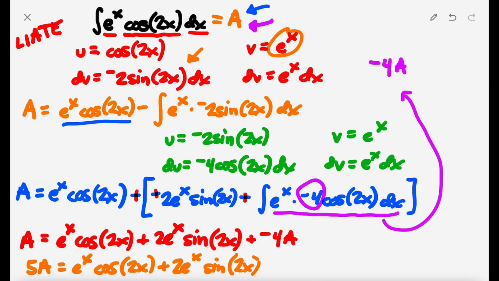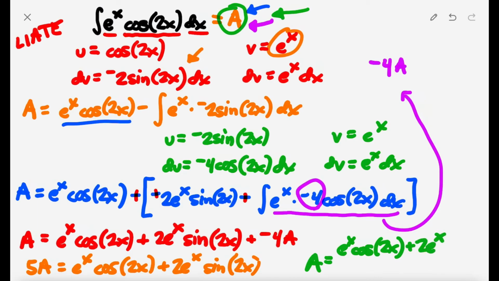Okay, now the whole point of this entire problem was to solve for A. I have so many arrows pointing at A right now, but the whole thing was to solve for A. So now to solve for A, all we need to do is divide both sides by 5. You end up with the final answer of A being equal to e to the x cosine 2x plus 2e to the x sine 2x, and then all of this is divided by 5.